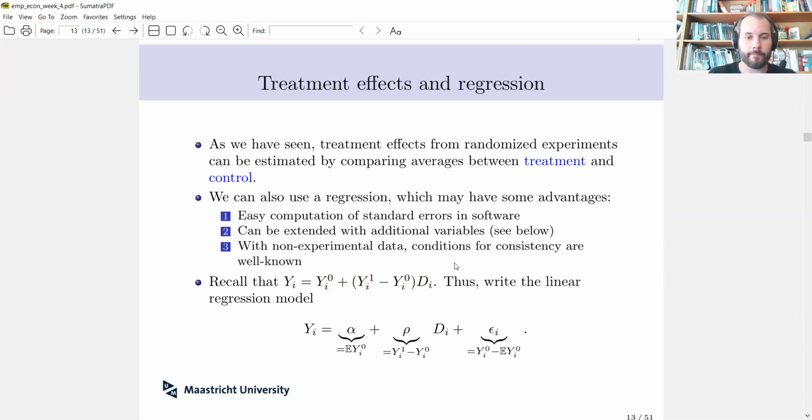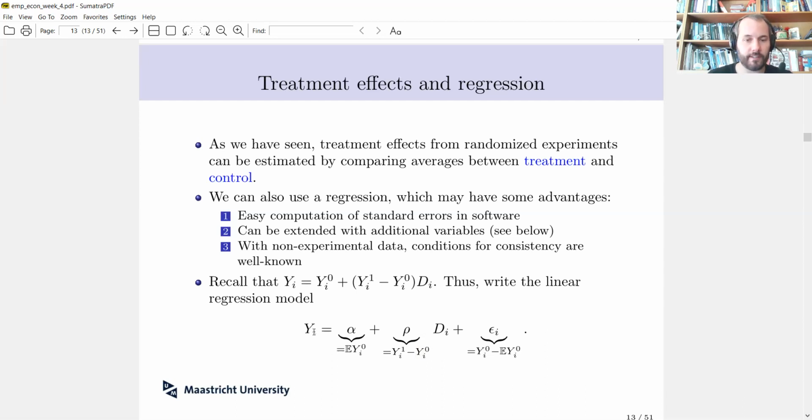Now recall that we can write the observed outcome like this. So let's write the linear regression model. The outcome is written here as the intercept, alpha, which is simply the expectation of yi0, the average outcome in the absence of treatment, plus here di is our explanatory variable, and the parameter that we are interested in is this rho. Rho measures the difference between the outcome under treatment versus the outcome in the absence of treatment.